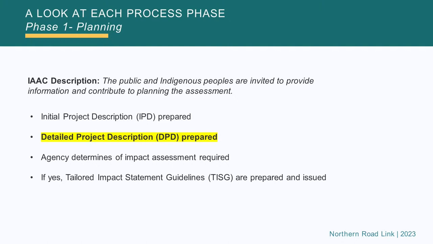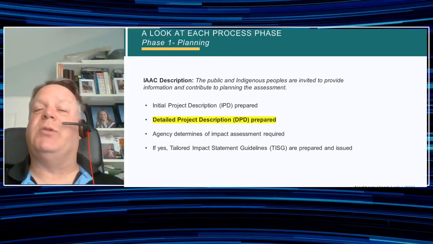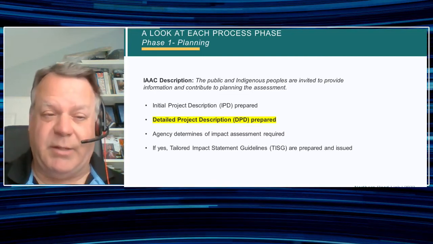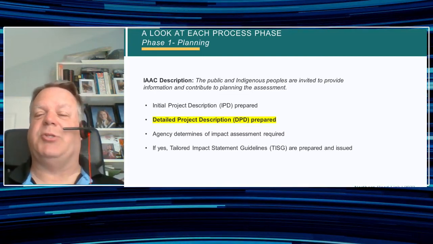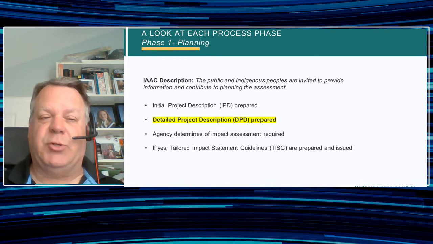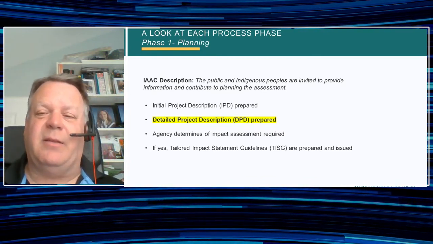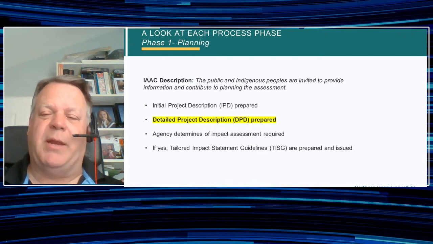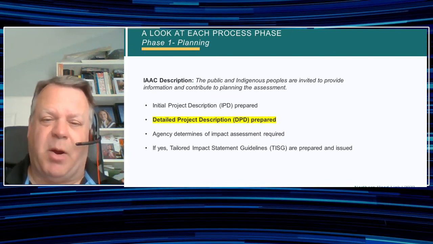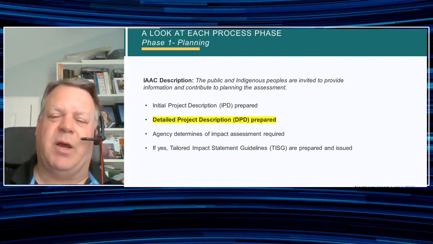The agency, the Impact Assessment Agency of Canada, determines whether that impact assessment is required or not. And if it is, then what's called Tailored Impact Statement Guidelines, or TISG, are prepared and issued. And basically they represent the work plan, what has to be done as part of the impact assessment.